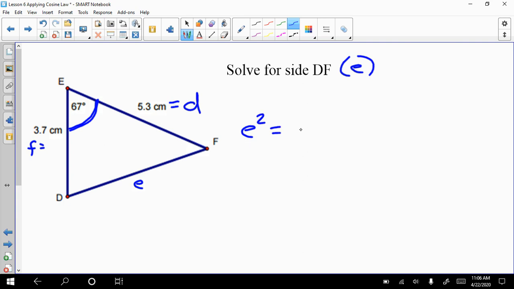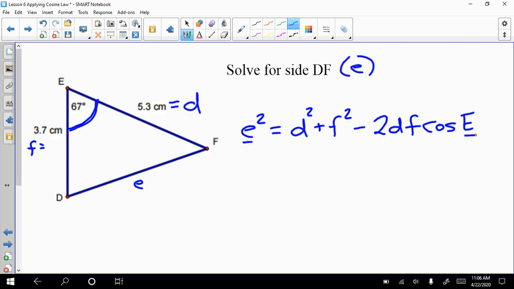Okay, here we go. E squared is equal to the other two sides, so d squared plus f squared minus 2 times d times f, the same two sides we started with there, times cos of the angle E. So look at this, remember, whatever is there is also there.